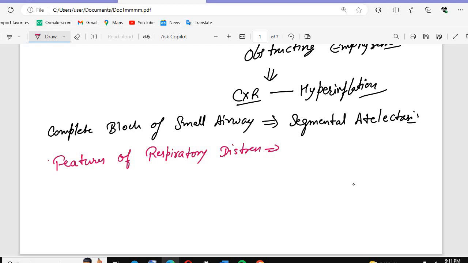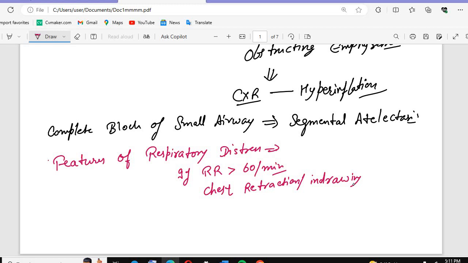Remember, if the respiratory rate is more than 60 per minute, that is respiratory distress. And along with that, the baby will be having chest retraction or indrawing.